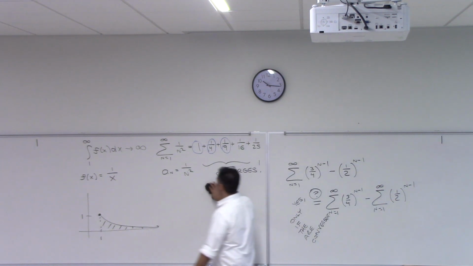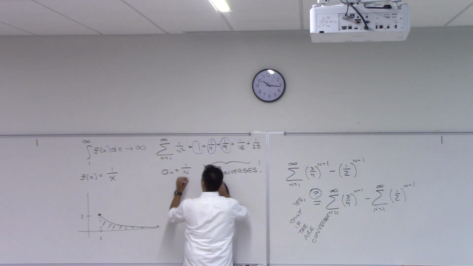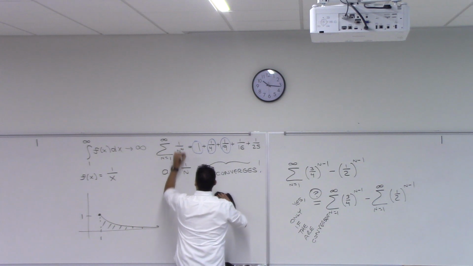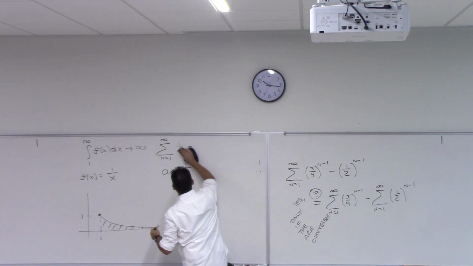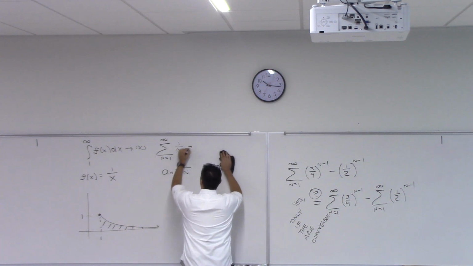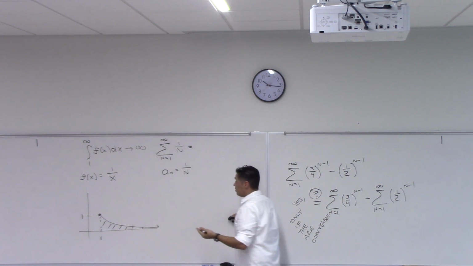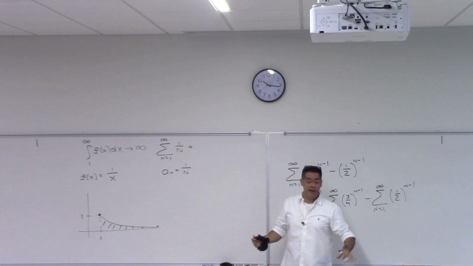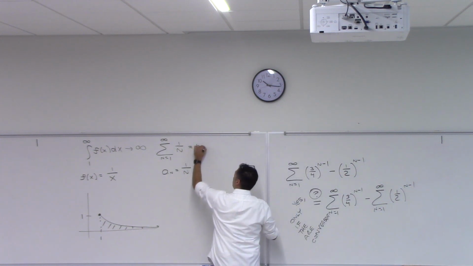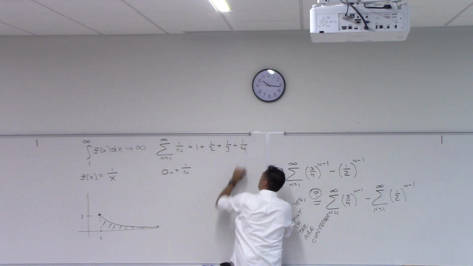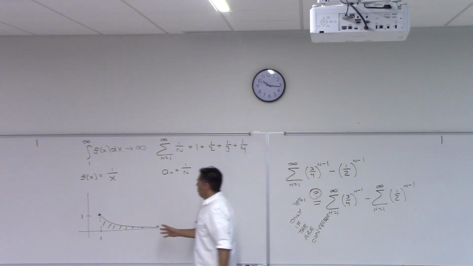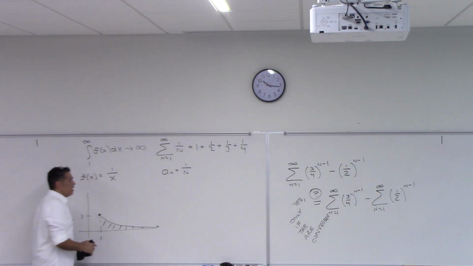And now we compare it to this. Now you already know what this does, don't you? What does this do? It diverges because it's harmonic, but let's act like we don't know that, okay? This would be 1 plus a half plus a third plus a fourth.